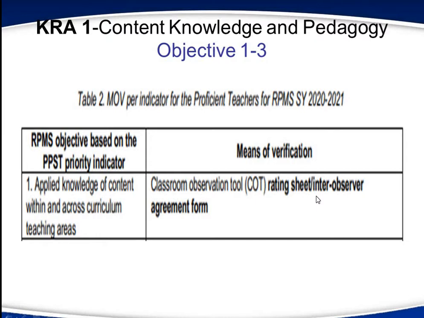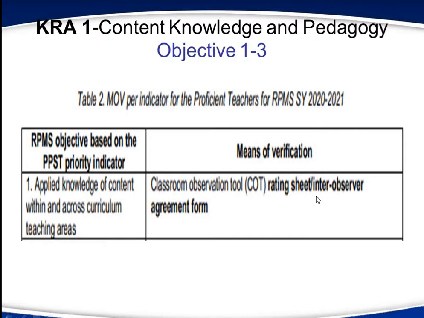So, i-refer din naman natin yung paggagrado sa atin ng ating mga observer using what we call the RPMS tool, para doon nila kukunin kung anong uri or ilan ang ibibigay na score para sa atin.